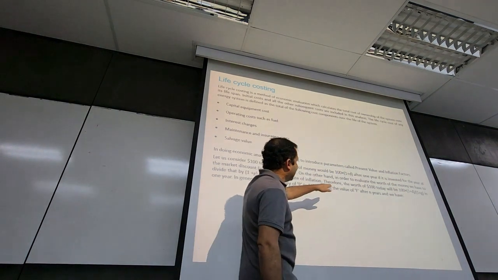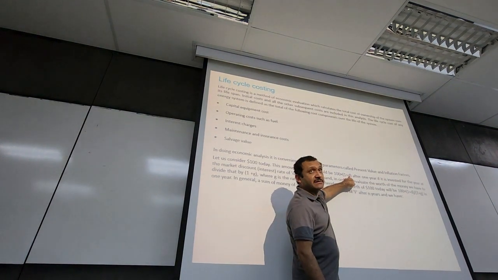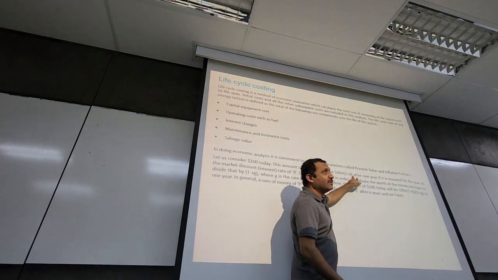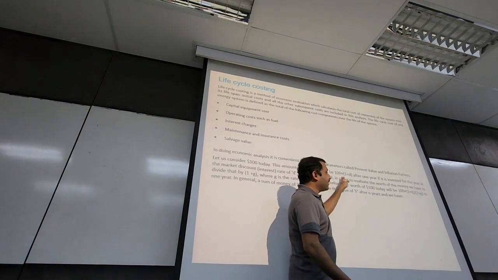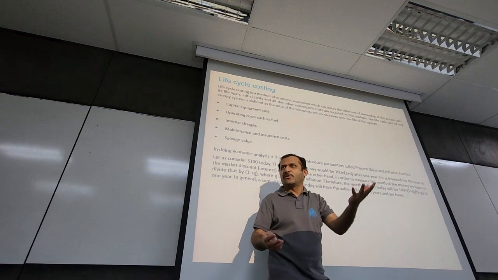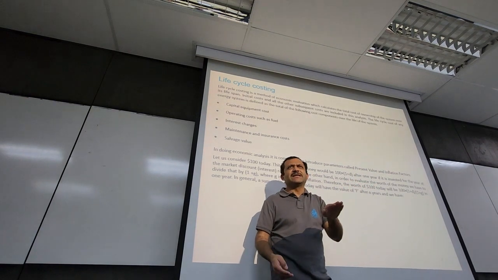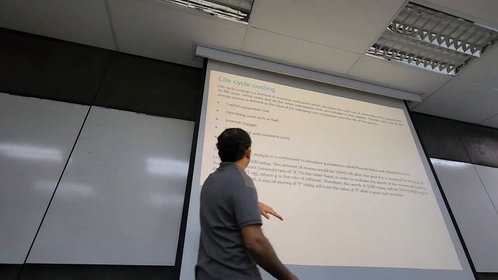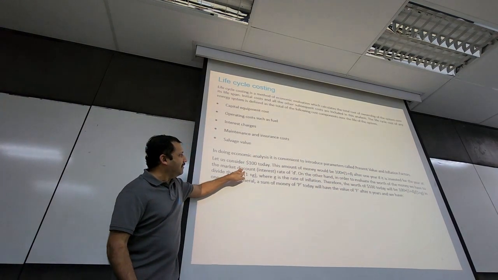Whatever, that D is the interest rate. 4%, 0.04, so 1 plus 0.04, so 100 times 1.04, $104. As simple as that. Everyone follows that? So that D is interest.